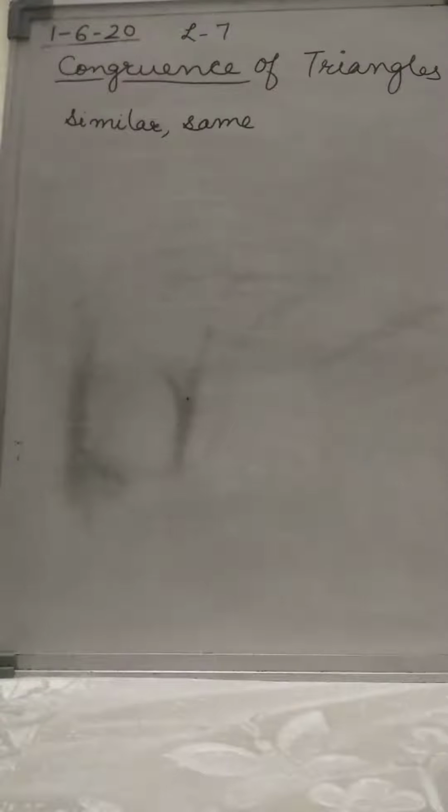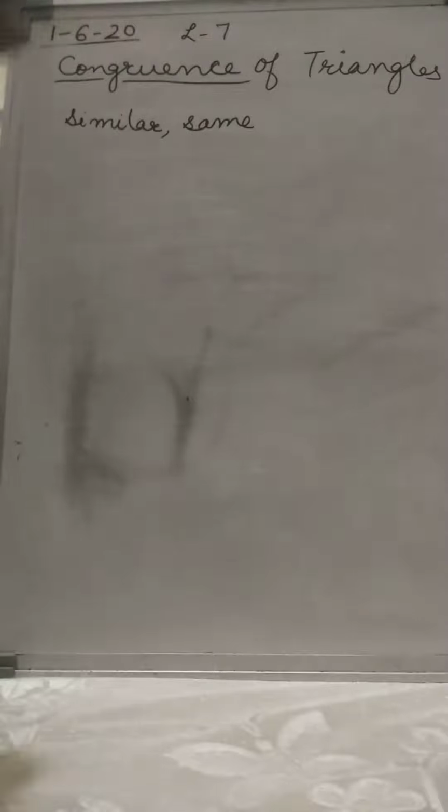I can say your school register and the school notebook, they are similar. Means they have the same color, pattern, but the size is not the same. They are different in size. So we can say they are similar to each other.